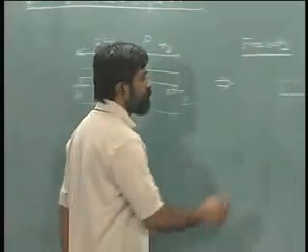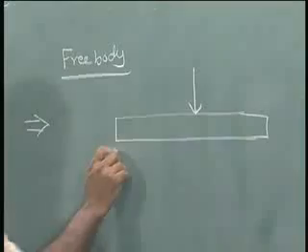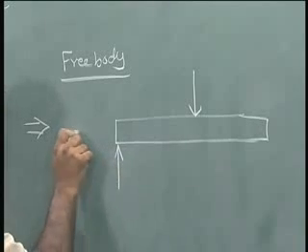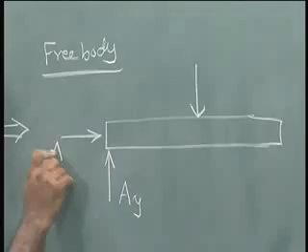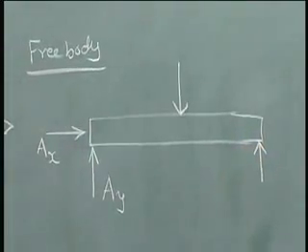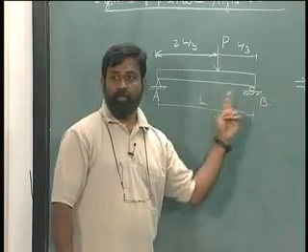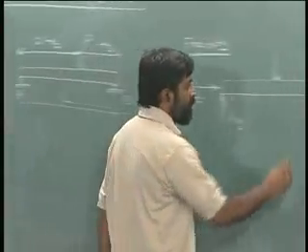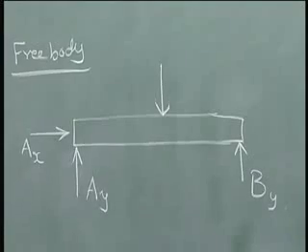Removing the supports, I will have two reactions, one like this and the other like this. Let us call these Ay and Ax. Another reaction over here, since it is a roller support, it does not restrain movement along the x direction, and therefore let us say this is By, and this is a force P.